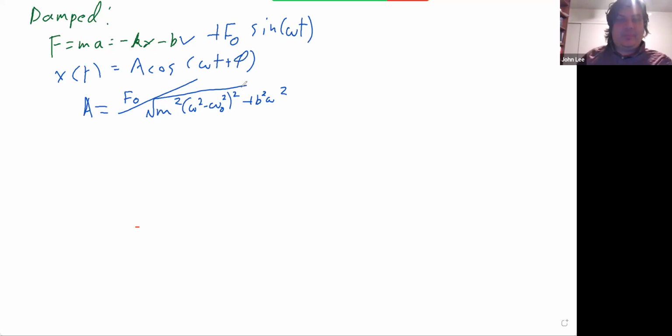Basically, this is going to have a different amplitude depending on how close you are to the driving frequency.